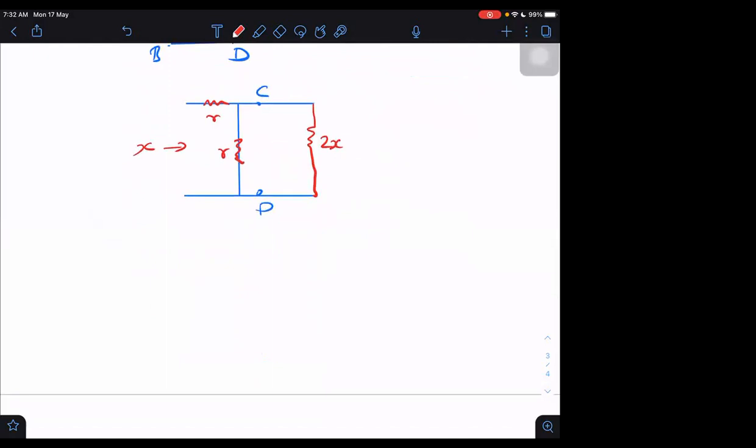Then we get R, as I do always. R I will take as 1 unit. Then I will be getting 2x parallel with 1, in series with 1, is equal to x back. 2x upon 2x plus 1 is equal to x again.